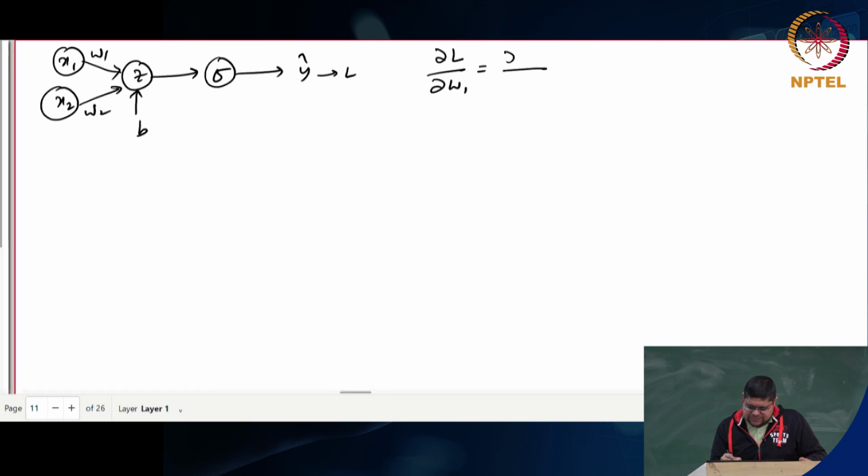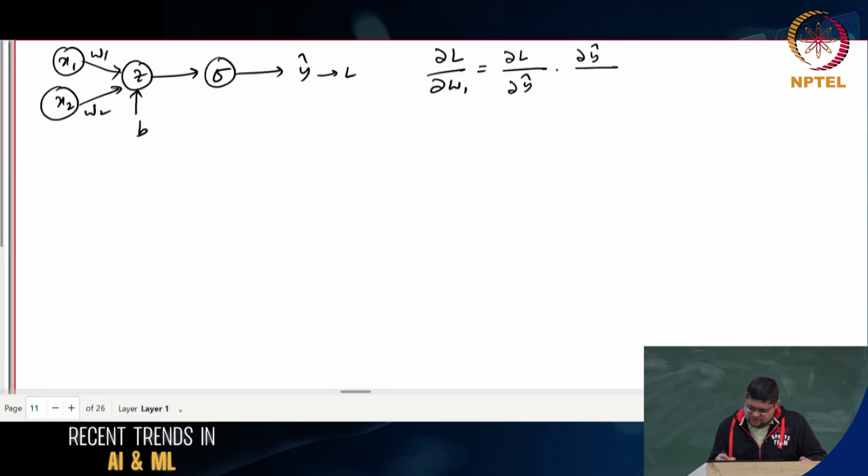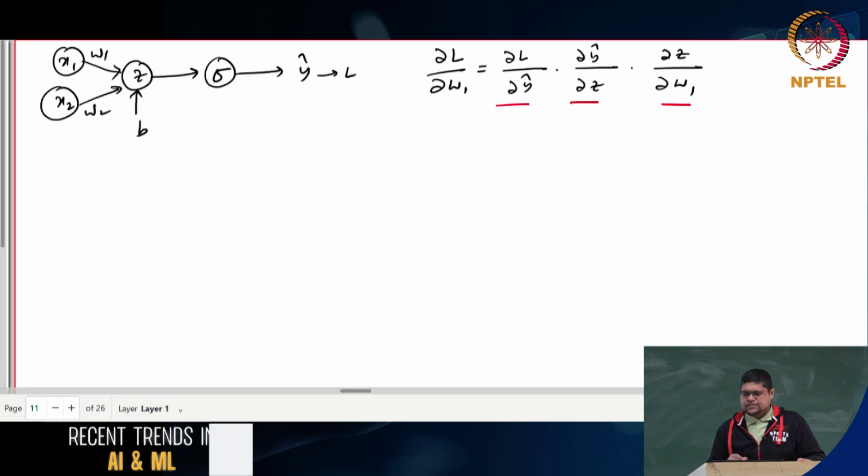So using some chain rule formula, like maybe class 11 mathematics or 12 mathematics. So if you cancel it out, this will cancel out, like chain rule. Okay, clear everyone? So now we will slowly calculate these three things.